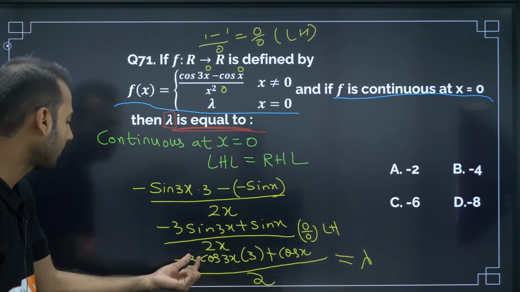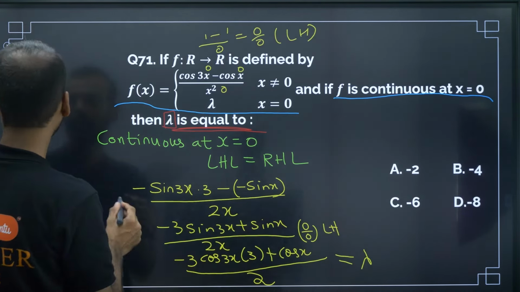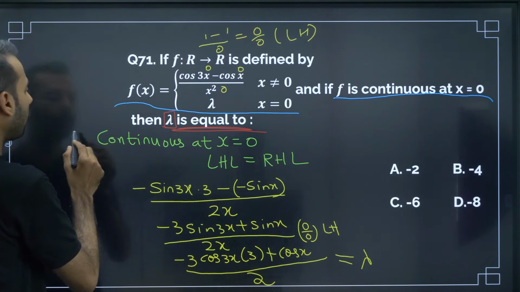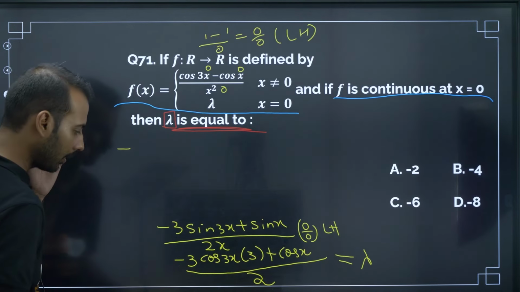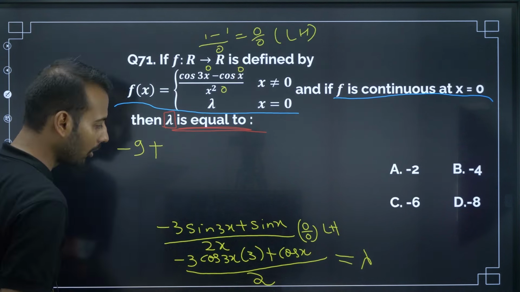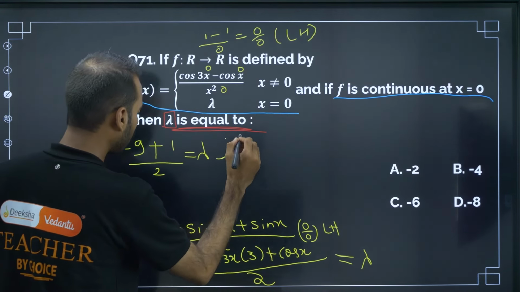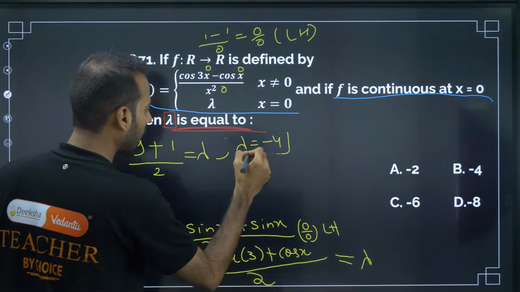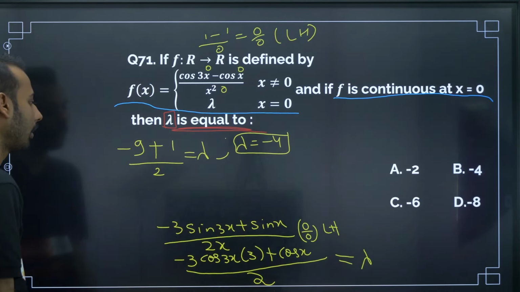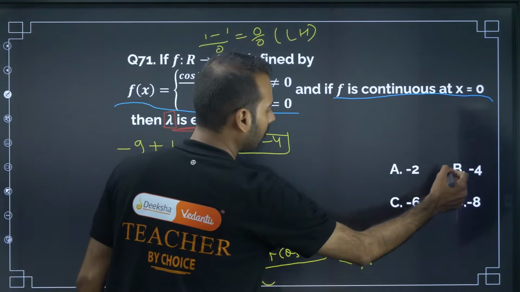Now if I place 0 here, minus 9 plus cos 0 is 1, by 2, is equal to lambda. So lambda is equal to minus 8 by 2, minus 4. So is there any value of minus 4? Yes, B is the answer for this.